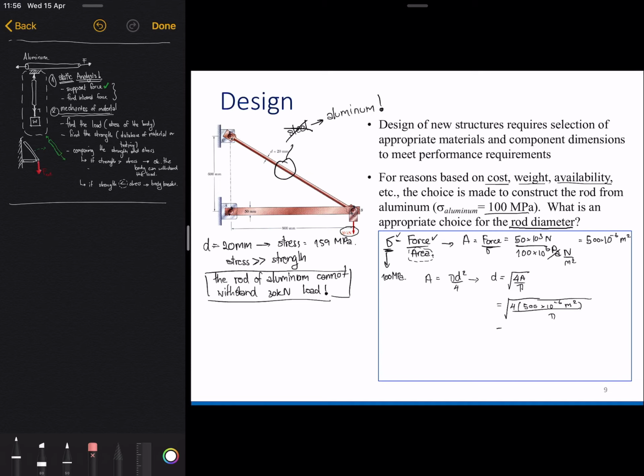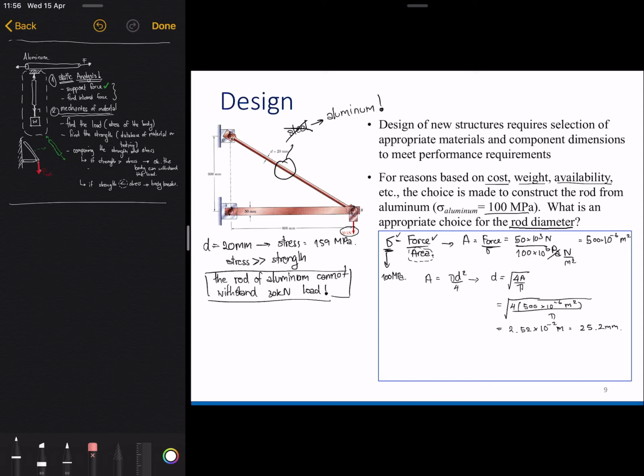That is 4 times 500 times 10 to the power of minus 6 meters squared over pi. In the end we have 2.52 times 10 to the power of minus 2 meters, or 25.2 millimeters. This means an aluminum diameter of about 26 millimeters or more is sufficient.